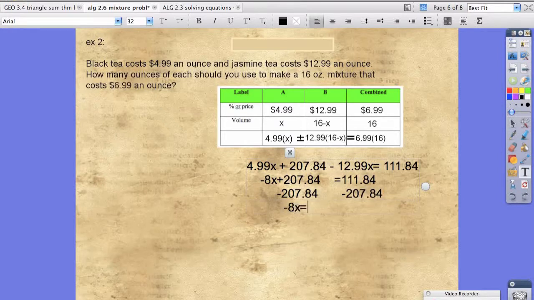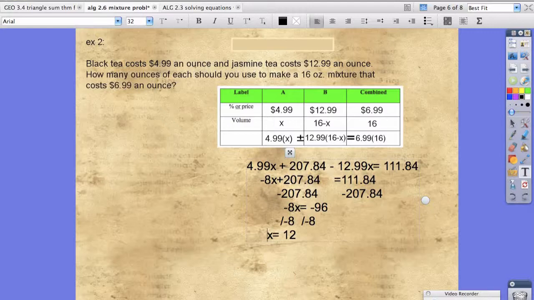And we are left with negative 96x equals negative 96, I'm sorry. Then we're going to divide by negative 8 on both sides, leaving us x equals 12.